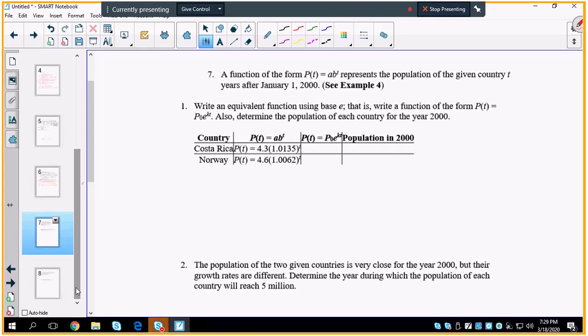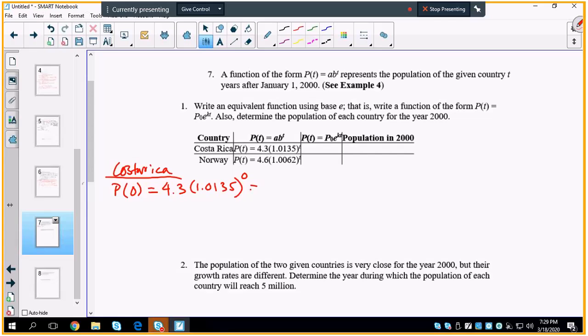So since this study started in 2000, the initial population is t equal to 0. For Costa Rica, what I do first, I put t equal to 0 in the given function. So I get 4.3 times 1.0135 to the power 0.